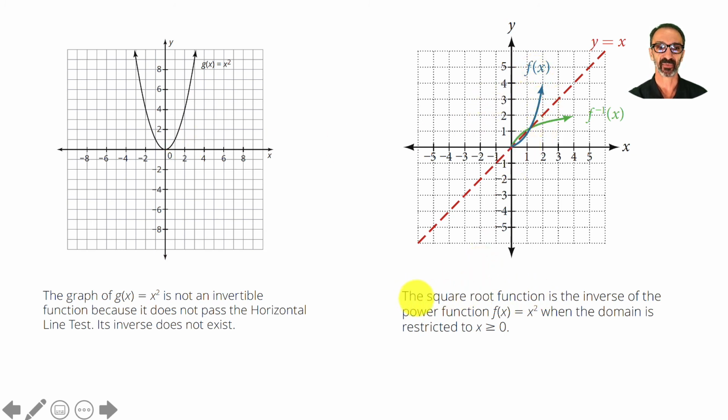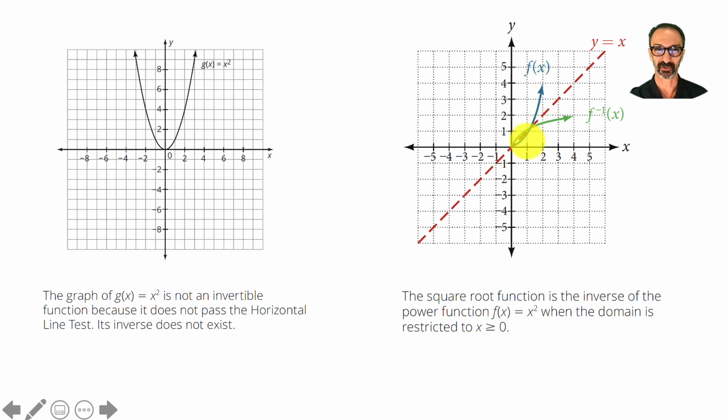Look at this right here. The square root function, which is in green, is the inverse of the power function f of x equals x to the second when the domain is restricted to be x greater than or equal to 0.